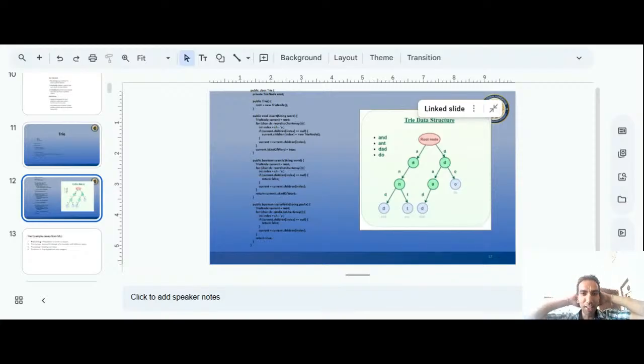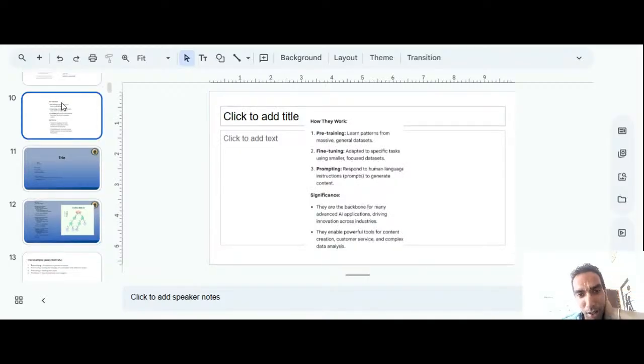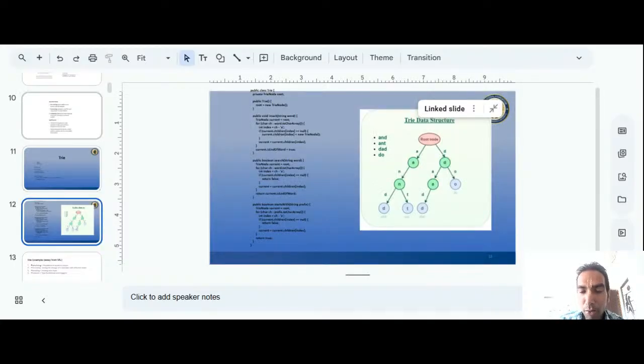So we took this example to demonstrate the three stages of a large language model. First, a large language model is pre-trained and then it is fine-tuned. Then it is given some prompts to further fine-tune that fine-tuning. We took the example of a trie: pre-training is inserting all the words on the web into the trie, which will contain millions and trillions of words.